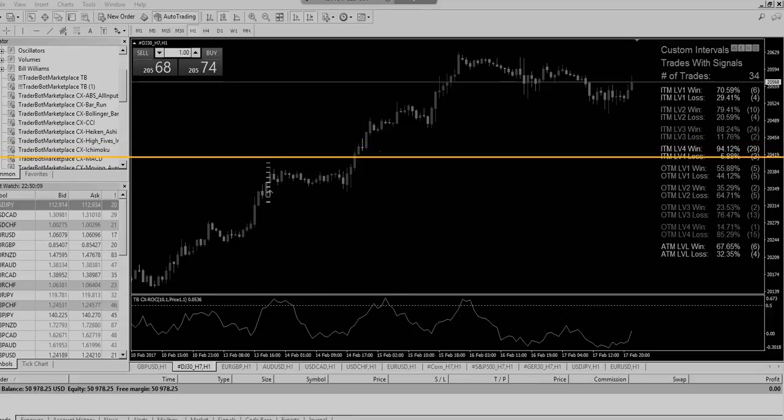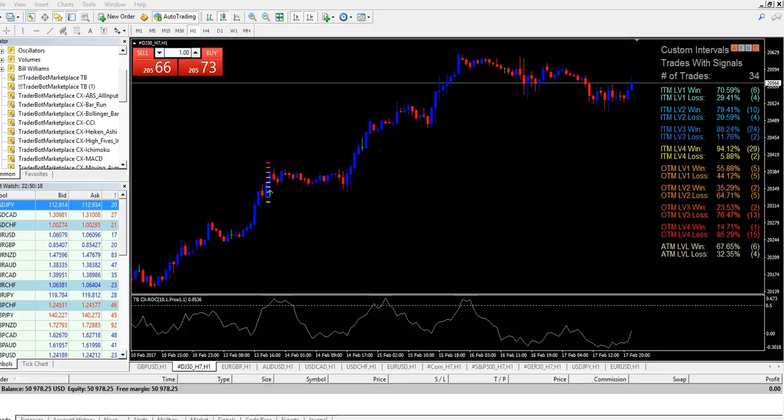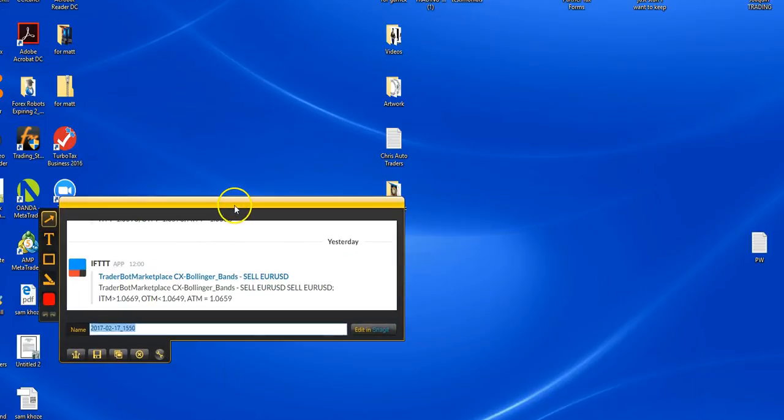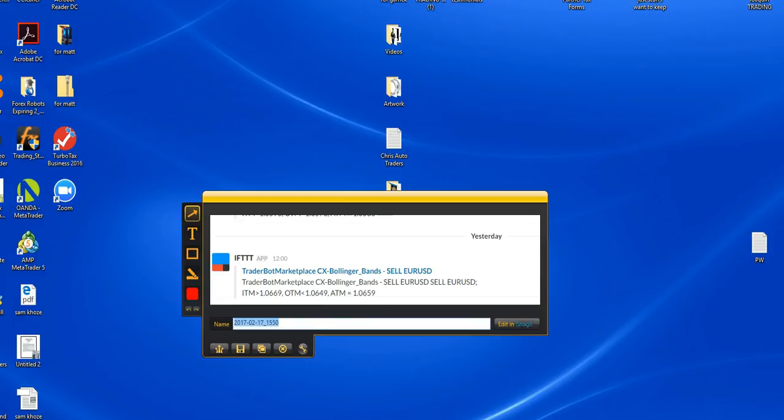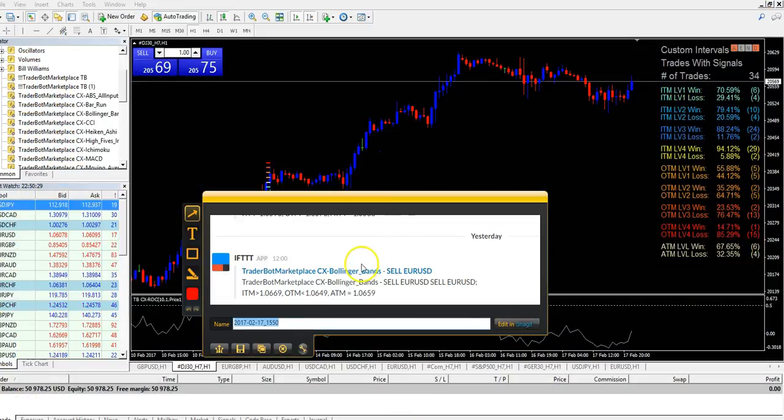This signal right here yesterday, it said ITM, OTM, ATM. Here's your three levels.